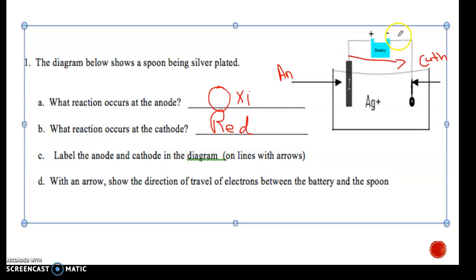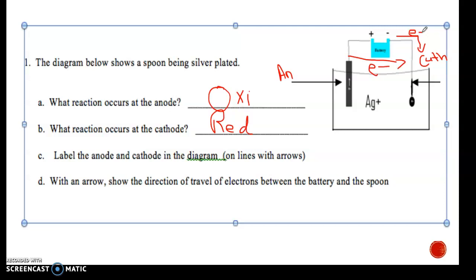So in that case, it's going to be going this way towards the cathode from the battery. I'm going to label this electron transfer. And that's basically it. You need to be able to identify which one is your anode, which one is your cathode, the direction in which the electrons flow, and obviously where each reaction is happening.